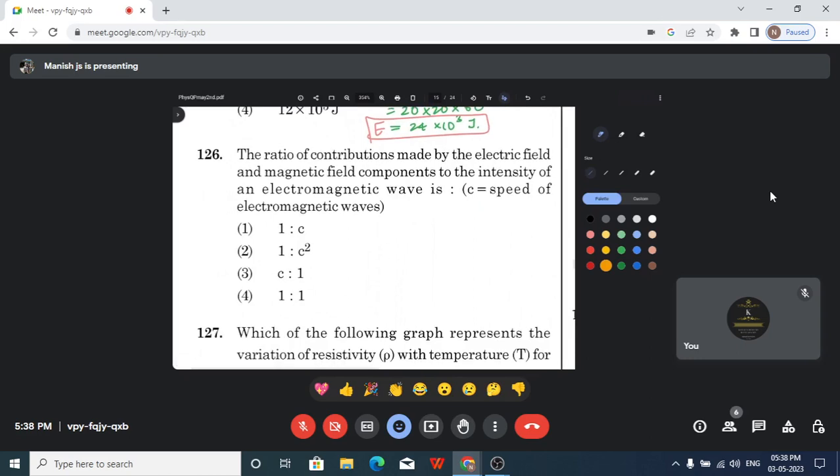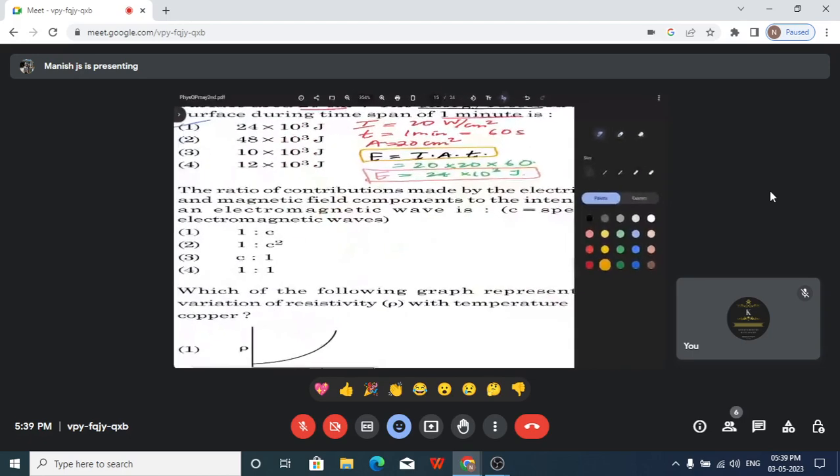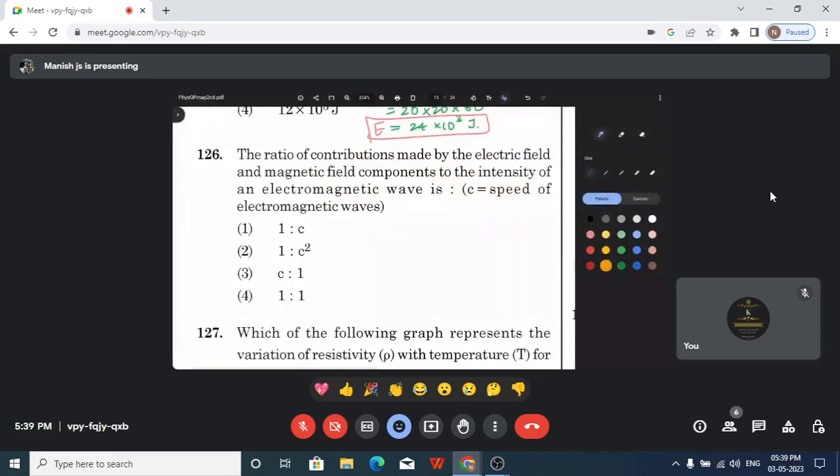Could you please read this question for me? The ratio of contributions made by the electric field and magnetic field components to the intensity of an electromagnetic wave is equal to the speed of electromagnetic wave. So they're asking what is the ratio of the contributions made by the electric and magnetic fields.